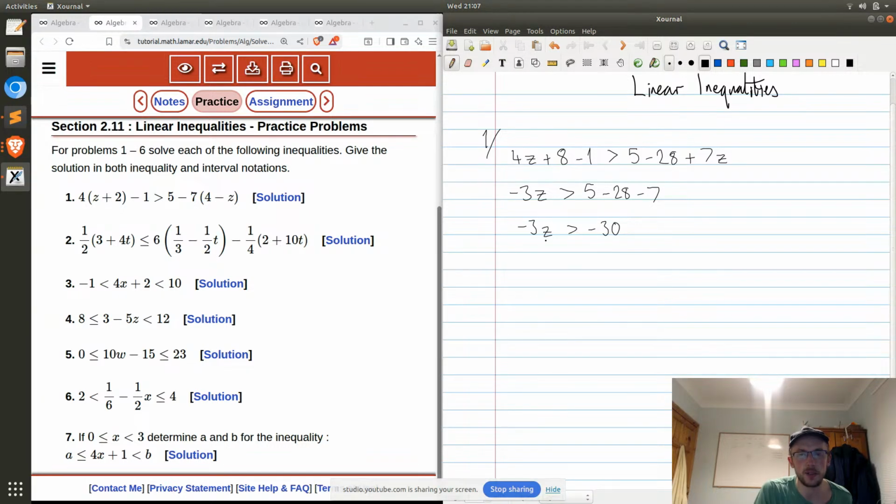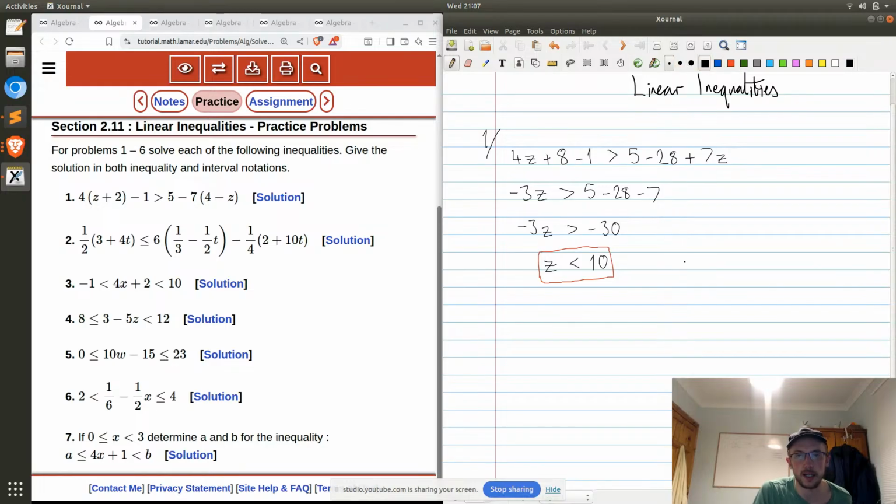Now divide both sides by negative 3, and do not forget to invert the sign or flip it. And we get that z is less than 10. That is in inequality notation, but we also want interval notation.